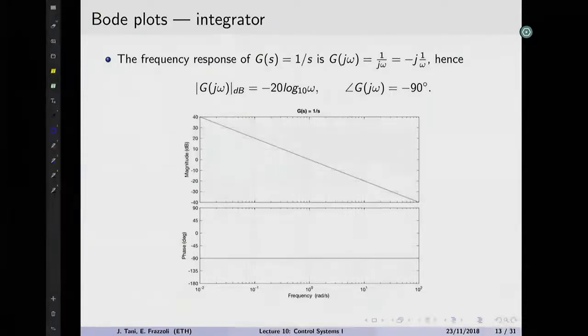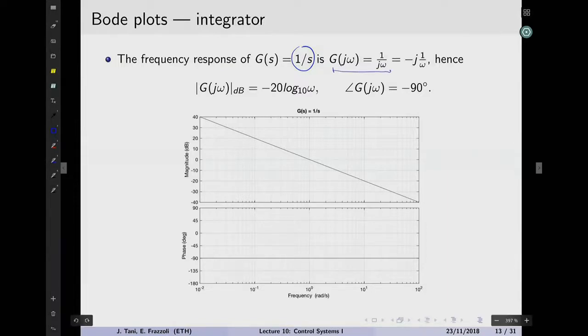Now, suppose that we're looking at an integrator term. It's a monomial, just an s. Well, let's pretend it's a 1 over s. So what's the first step? Let's extract the frequency response by plugging in j omega instead of s. So G(j omega) is 1 over j omega, which can be rewritten as minus j times 1 over omega by multiplying numerator and denominator by j.